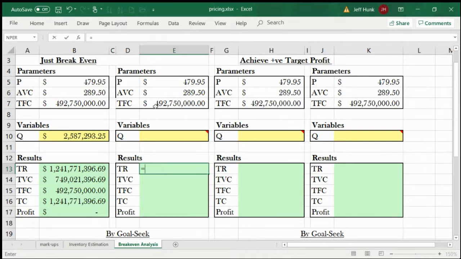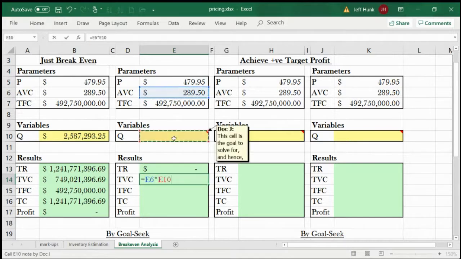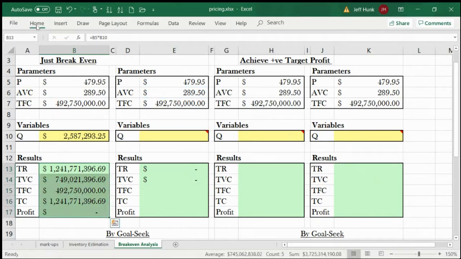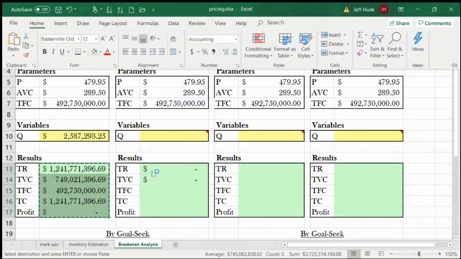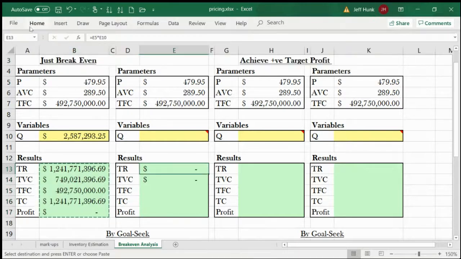In other words, price times quantity. ABC times quantity. And okay, you can copy that also because it's just the same definition here.